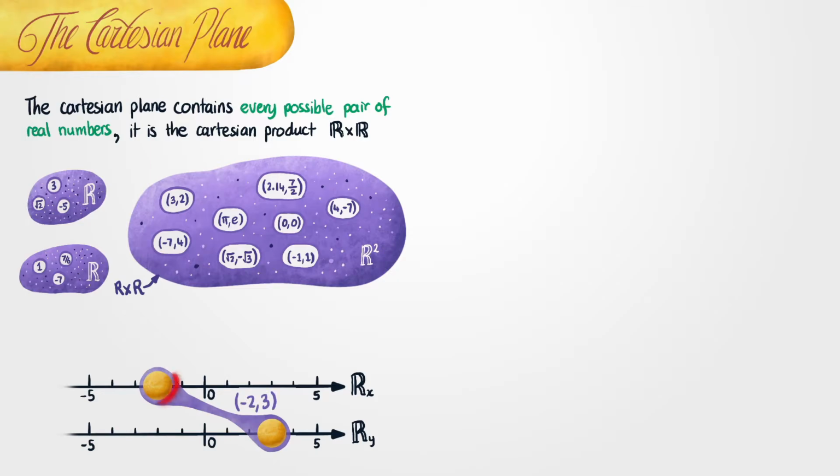Now, just to show that these two points are actually linked to each other, I've drawn this link over here to really emphasize that they are linked. And by linking them, we get this coordinate -2, 3. Now, I want you to understand that if you were to change the order of these two and get the point 3, -2, then you'd draw the string backwards, so it would look like this instead.